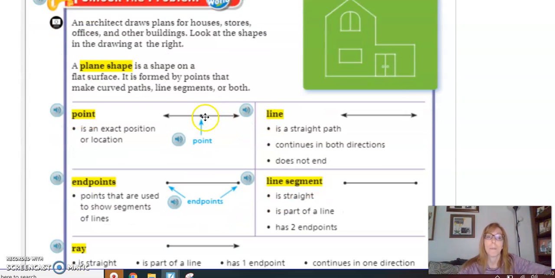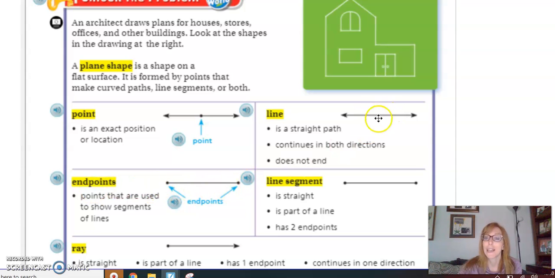Okay. So a point is an exact position or location. So this is a point. It's just a dot. It tells you exactly where you're looking on a line or a line segment. Then a line continues on. It's a straight path and it does not have an end. If it has end points, like a point, these are end points.